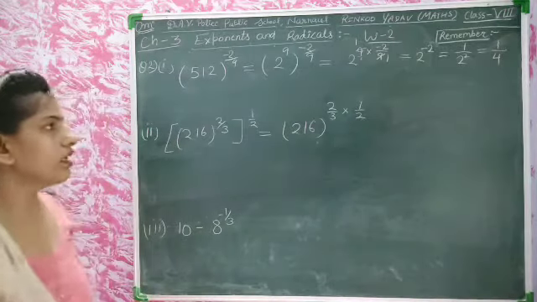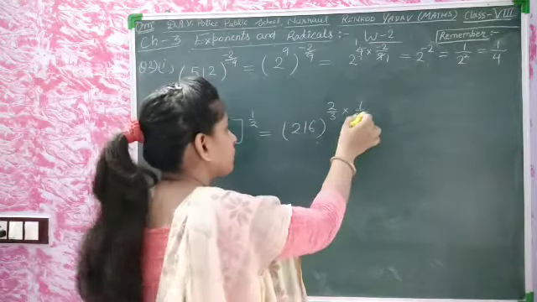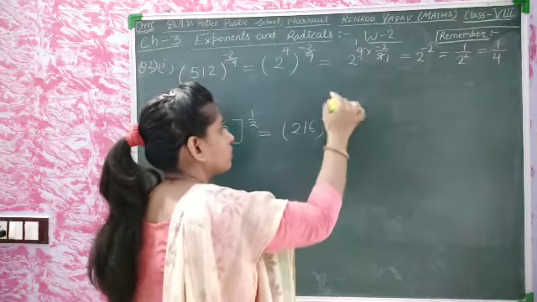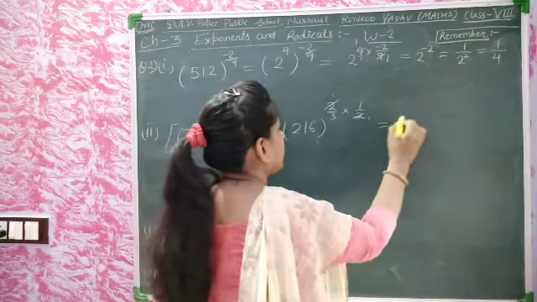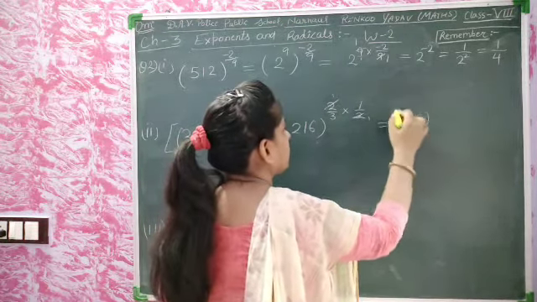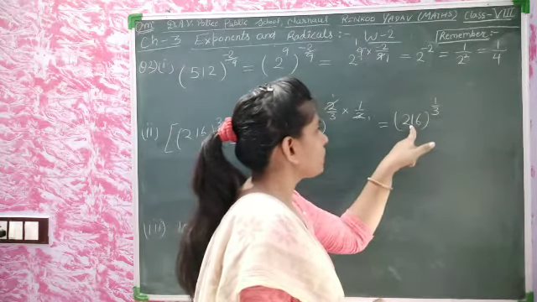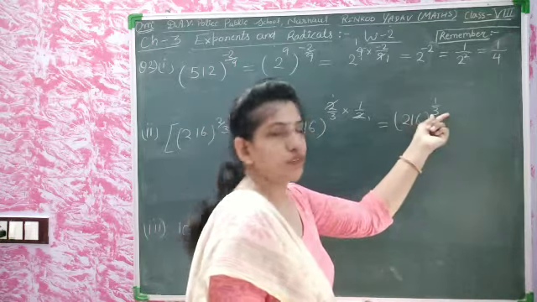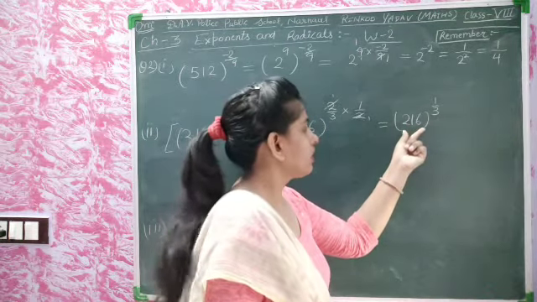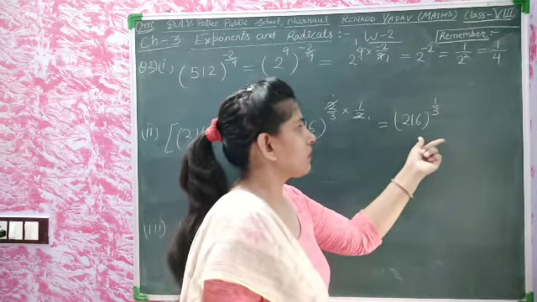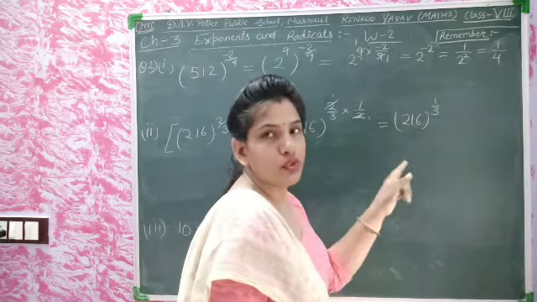Yes, see how nice it has become. 2 cancels with 2, and we get 216 to the power 1 by 3. It means we have to find the number whose cube is 216.